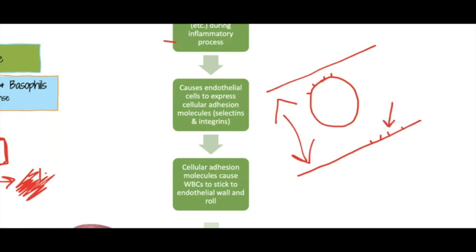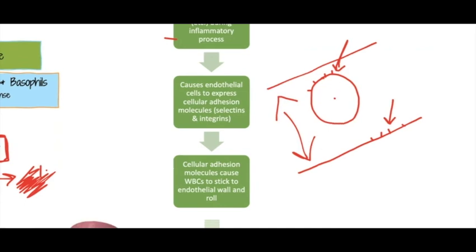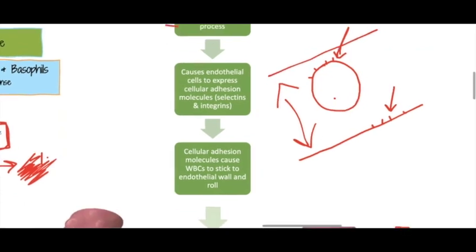These, again, are selectins and integrins, or cellular adhesion molecules. Okay, what those cellular adhesion molecules basically do is they cause the white blood cell to become sticky and to stick or adhere. That's why we call them adhesion molecules, or adhere to the endothelial wall.